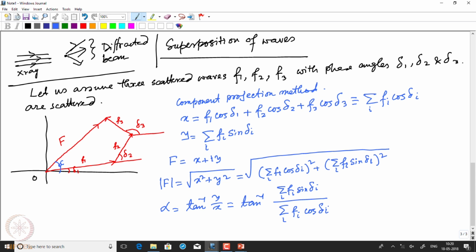So, this is how the superposition of waves can be calculated, and we learned the same in the previous class as well.